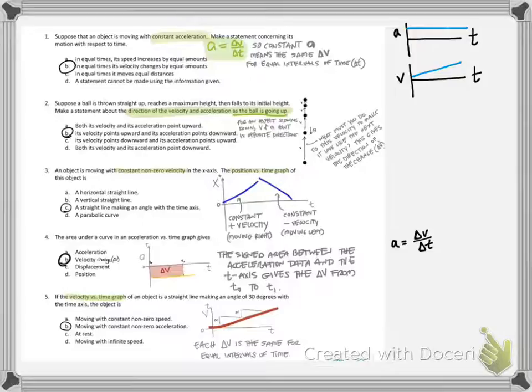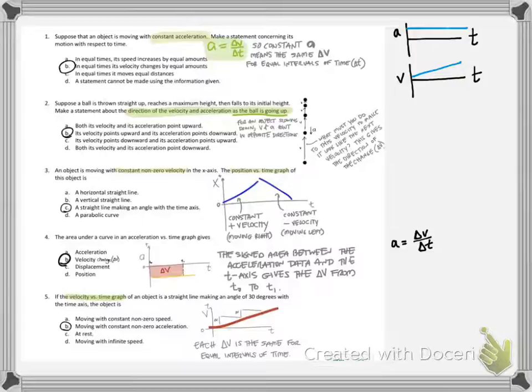If velocity and acceleration both pointed upward, then you would have velocity and acceleration arrows, vectors, pointing in the same direction. That object would be speeding up if A was correct, which it's not. C, if the velocity pointed downward and the acceleration pointed upward, if velocity pointed downward, it would be moving downward.